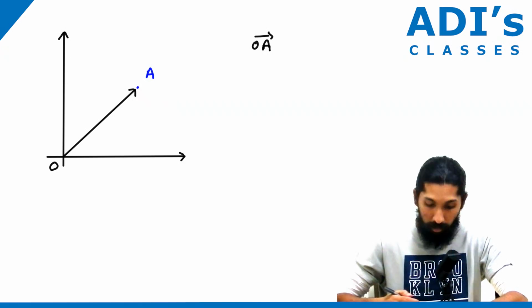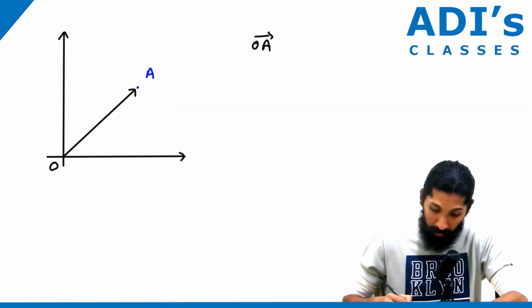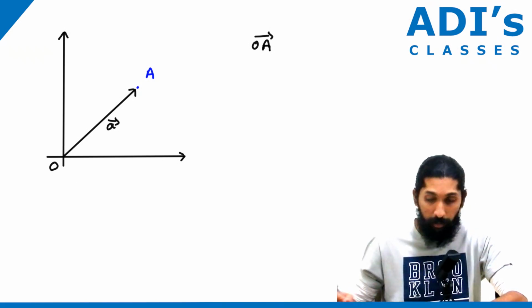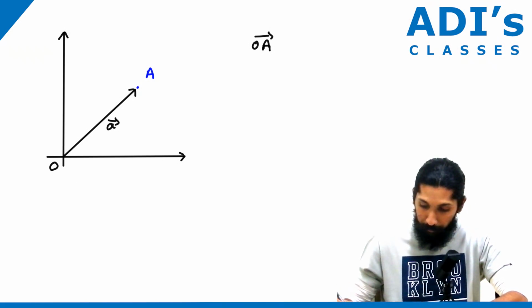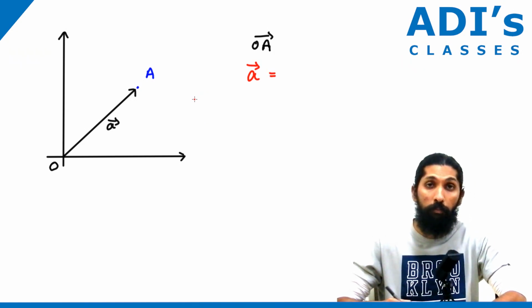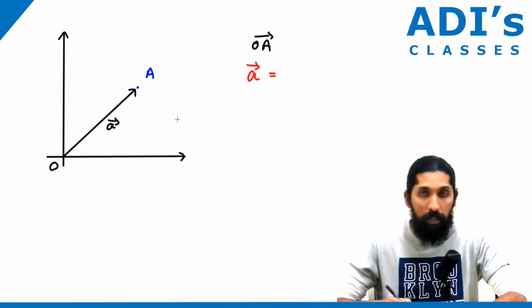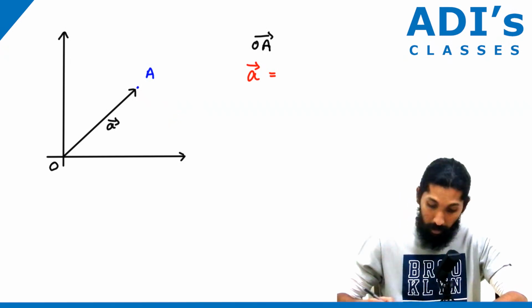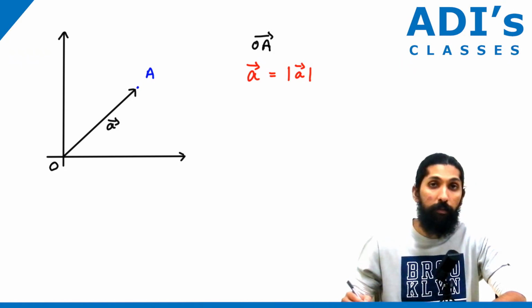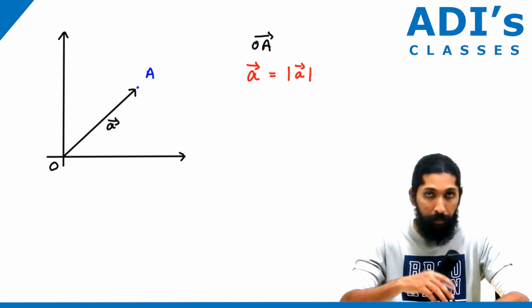So in general, suppose OA is represented as vector A. Assume vector A. Then we represent that vector A has both magnitude, which is the modulus, as well as the direction, correct? So vector A is equal to modulus of vector A. What we mean by modulus is the magnitude.